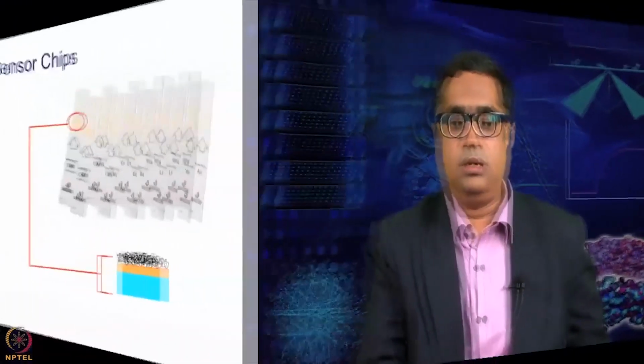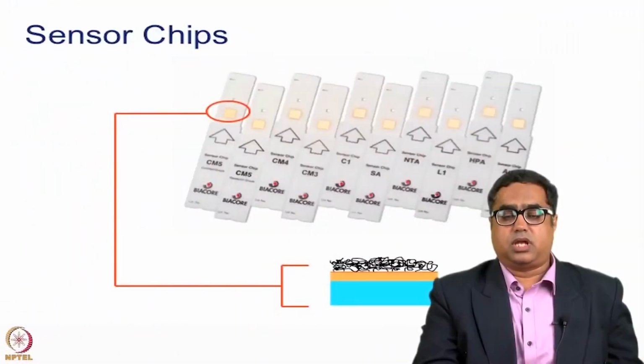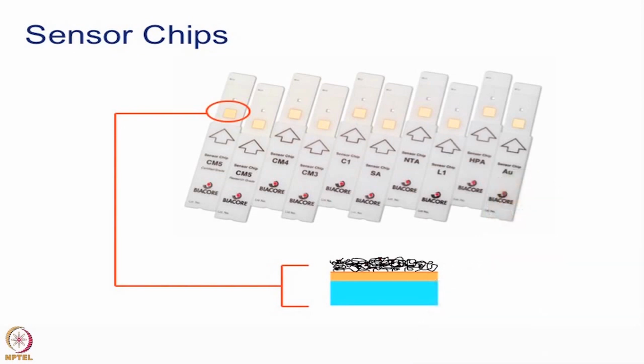The various chips available for any SPR experiment are named CM5, CM4, CM3, C1, streptavidin or SA chip, NTA chip, L1, HPA, and AU, or a plain gold surface chip.